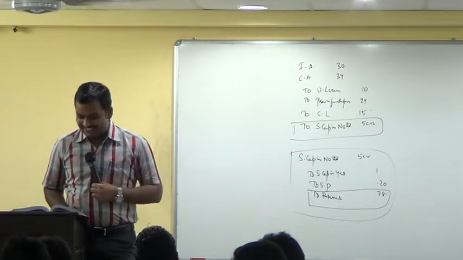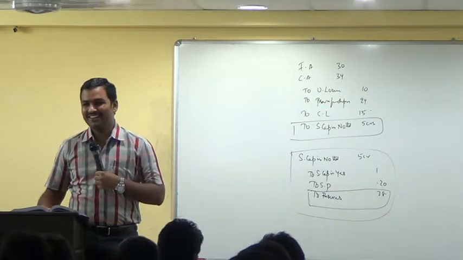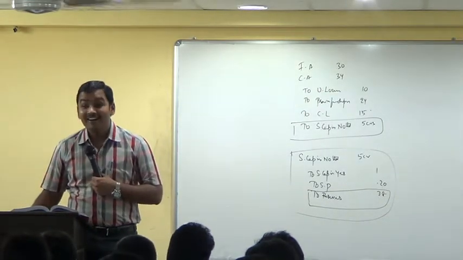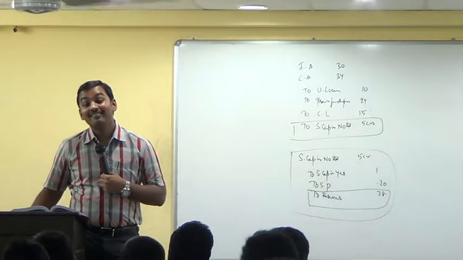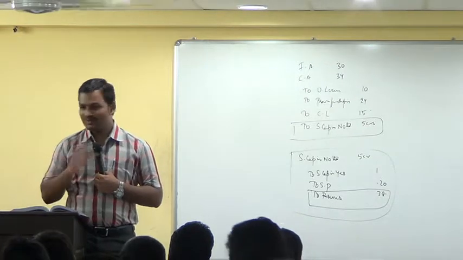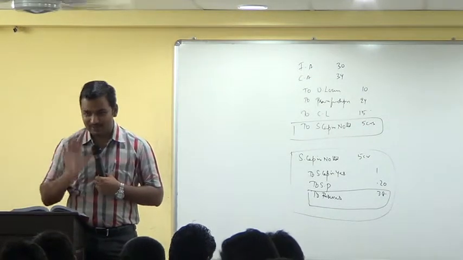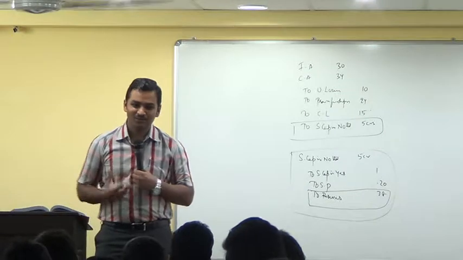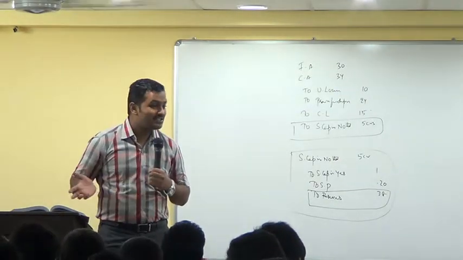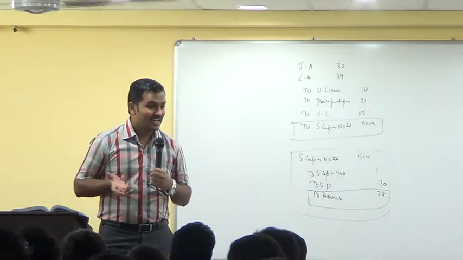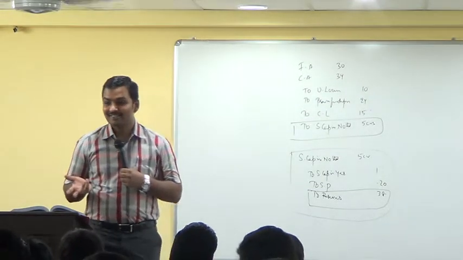Now, what about discount on issue of debentures and P&L account debit balance? Normally we should not take it in the calculation of PC. But my question is, we are students of taxation. How can we ignore tax on loss, tax saving on loss?